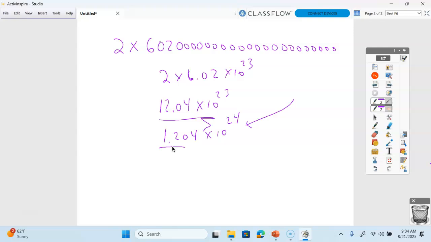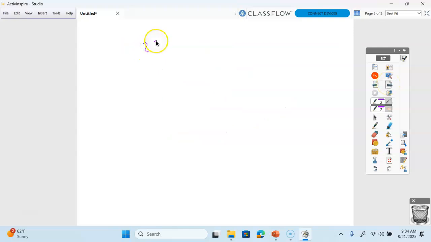Try the problem on the back. 230,000 times 1,000 times 4 with a whole bunch of zeros after it. Not too bad if you've got a calculator, right?